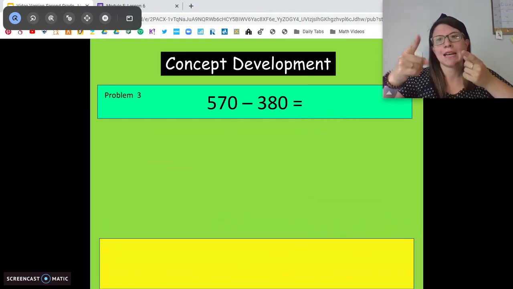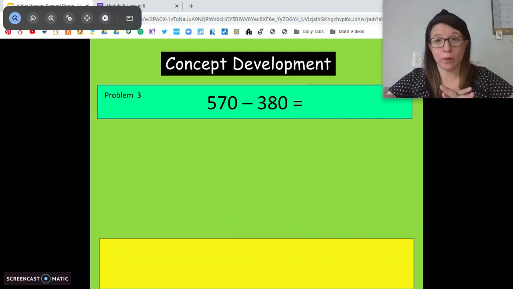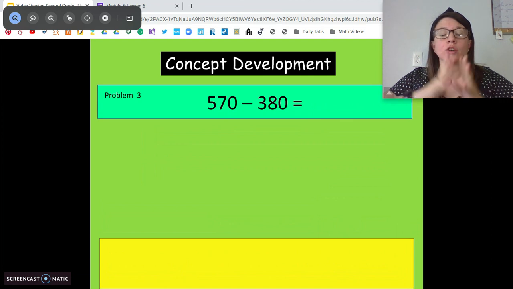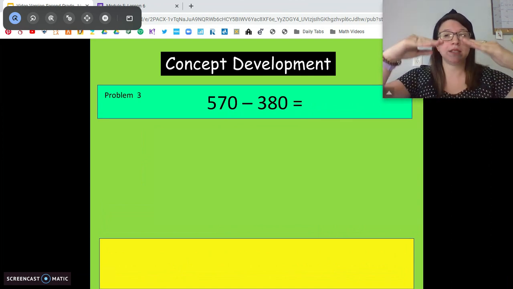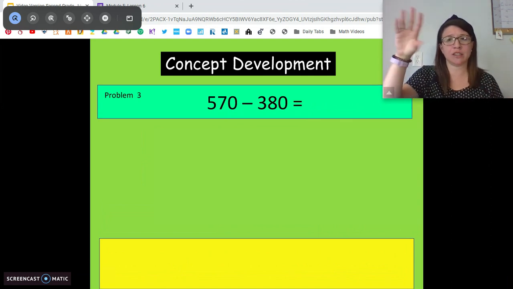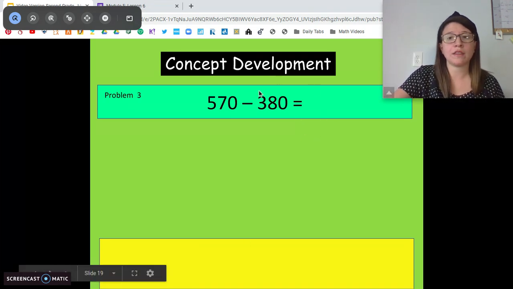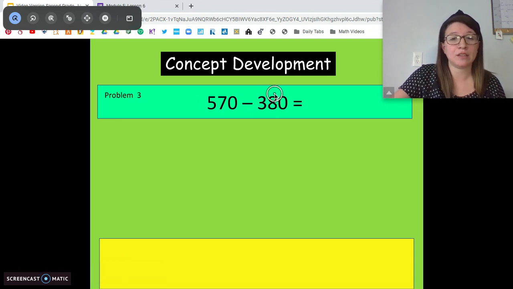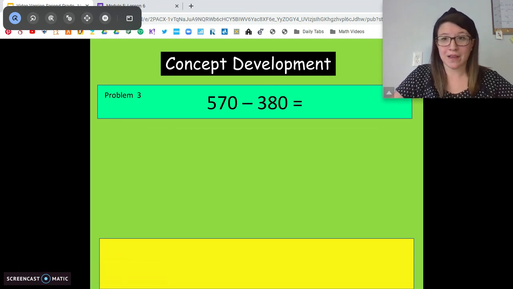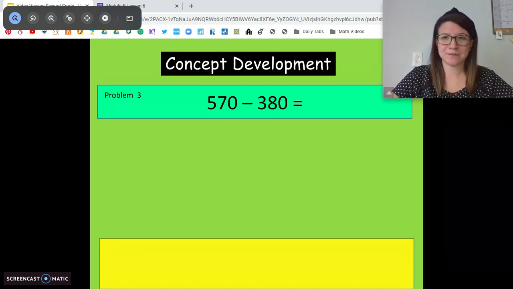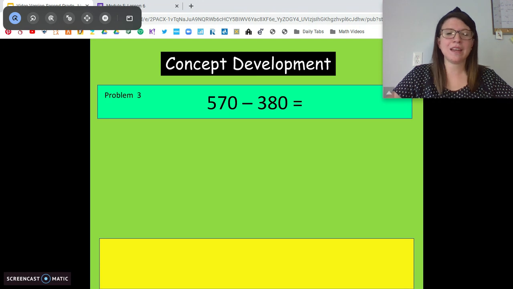All right, I'm going to have you try one more on your own. Ready? Try this one. I'm going to give you a hint. You're going to make the 380 to its next 10. When you're doing subtraction, it's easier to take the second number in the problem and make that to the next 10. So you're going to do 570 minus 380, make this 380 to its next 10. Okay? Pause and try. Got it? Okay.